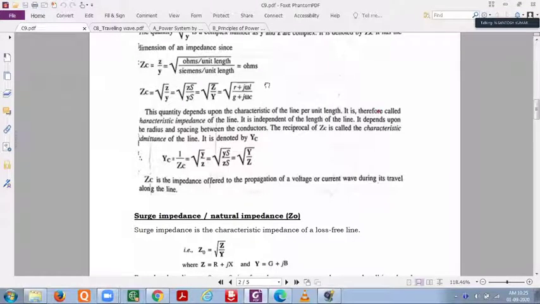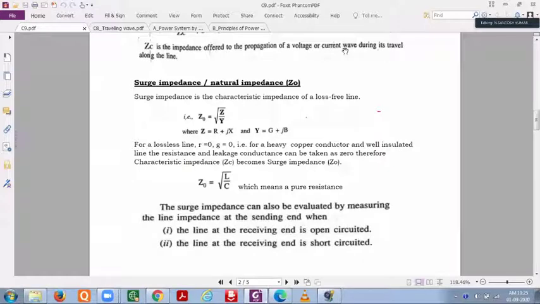See here, I have written for you. For better understanding, you can see the statement and formula directly. For denotation, we denote it with Z0, just to differentiate it. Most often they will use Z0 and ZC as the same term. If you refer to standard textbooks, some use ZC and Z0 interchangeably, because Z0 is also square root of Z by Y, but for a lossless line we are considering R and G to be 0.